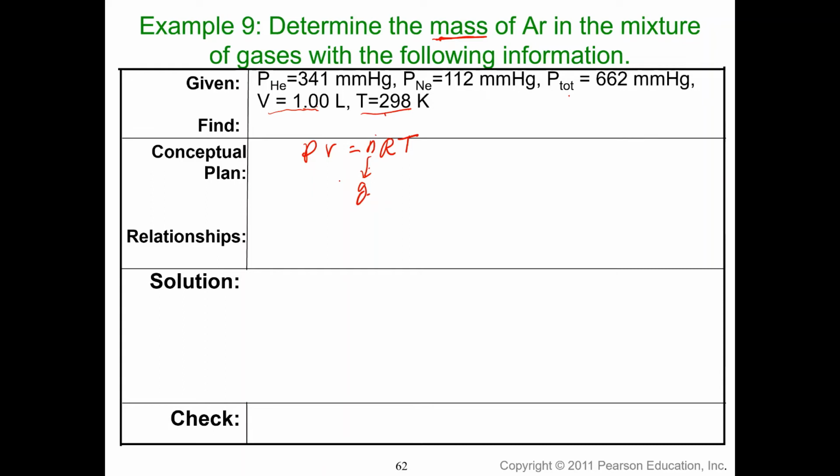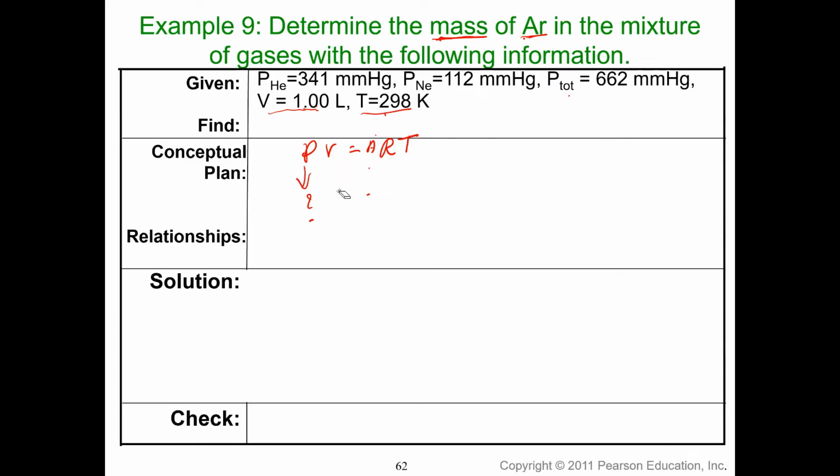Molar mass. Now, the question is, since we are focusing on argon, do we have moles of argon in this problem? No, we don't. So what do we have? Do we have the pressure of argon?